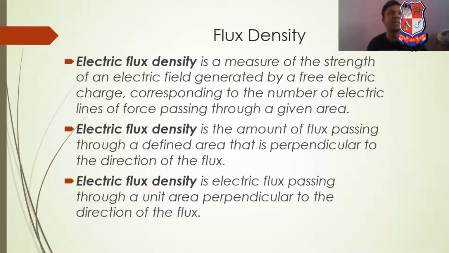Means density is how much area is covered by gas or oil, anything else. Now on the basis of that example, we understand what flux density is. Flux density means how much area is covered by the flux.